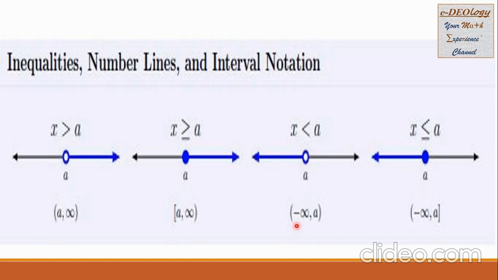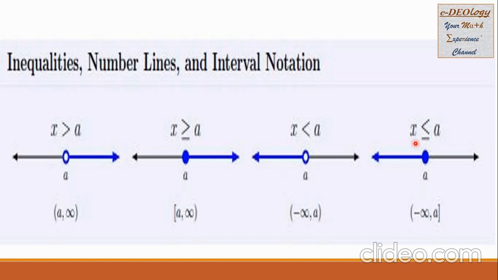We start with the lowest number, and this is never ending, so we put the -infinity. Again, we put the parenthesis every time there is infinity involved, comma, and the a follows with this close parenthesis, which means the a is not part of the solution.